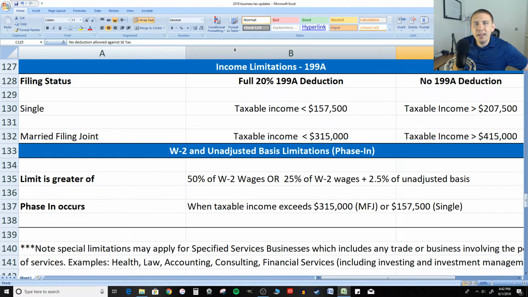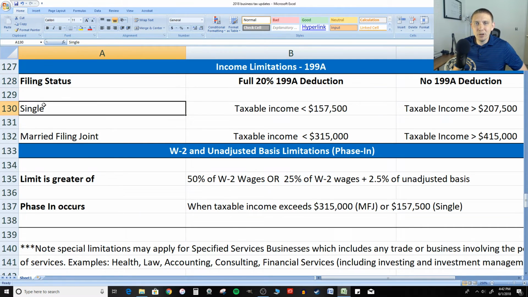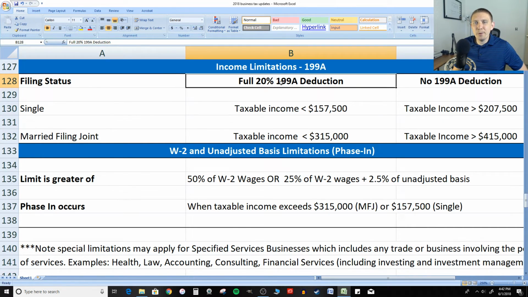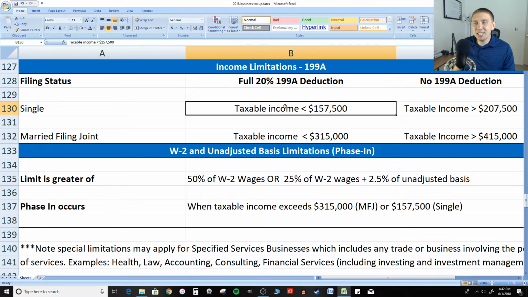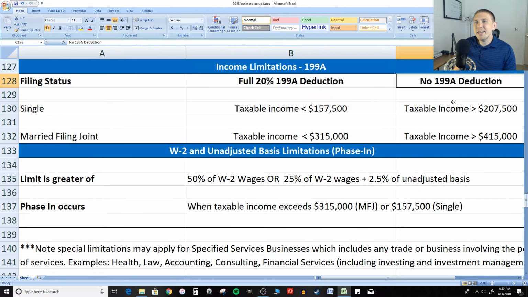All right, let's look at the income limitations on 199A. If your filing status is single, you'll get the full 20% deduction if your taxable income (listen to what I'm saying here, taxable income, not total income) is less than $157,500. If your income is above $207,500, it is likely you'll receive no benefit at all from 199A.